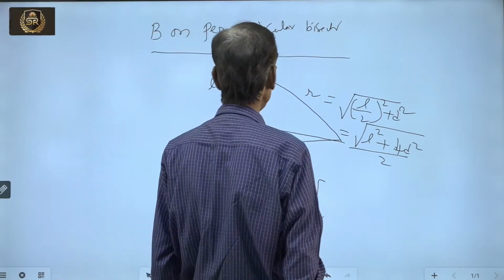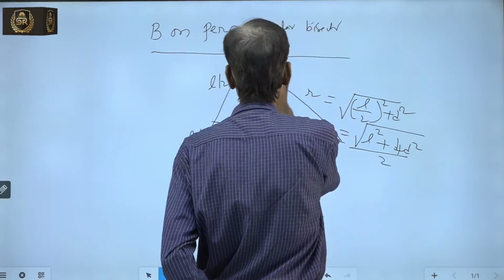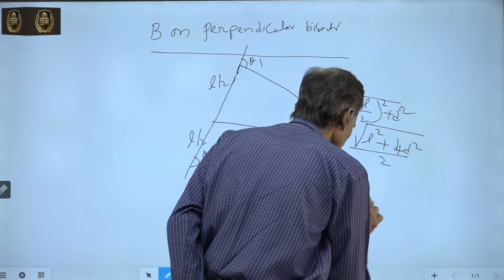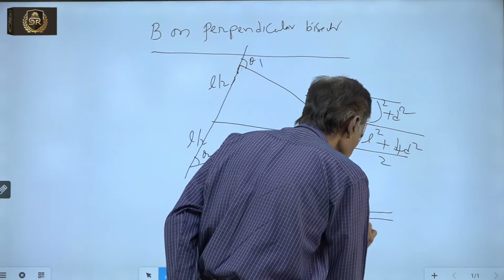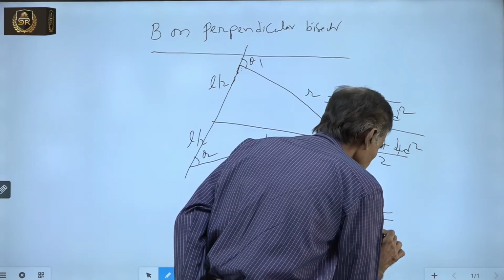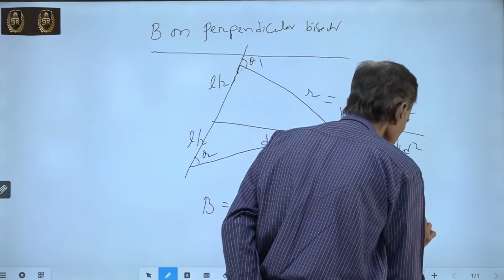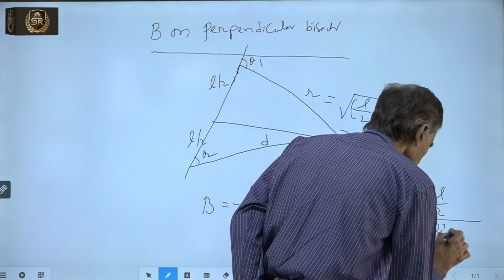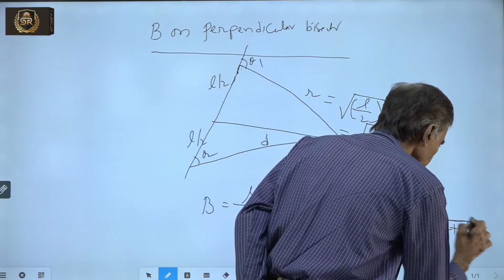Therefore, cos theta is L by 2 divided by square root of L square plus 4d square by 2, plus cos theta 2, L by 2 by square root of L square plus 4d square by 2.